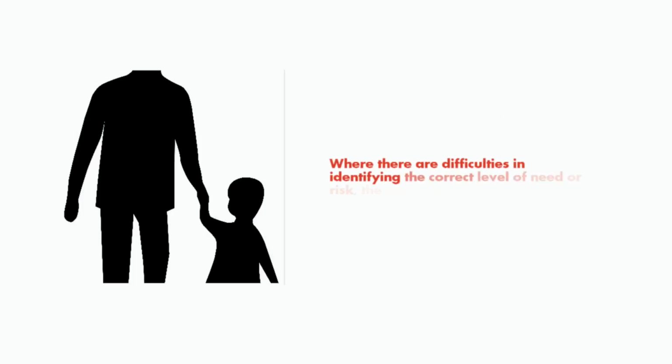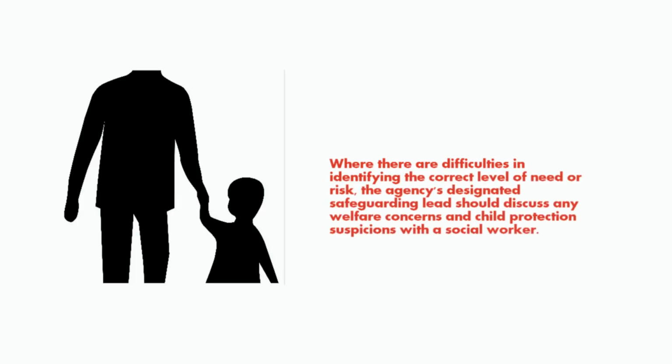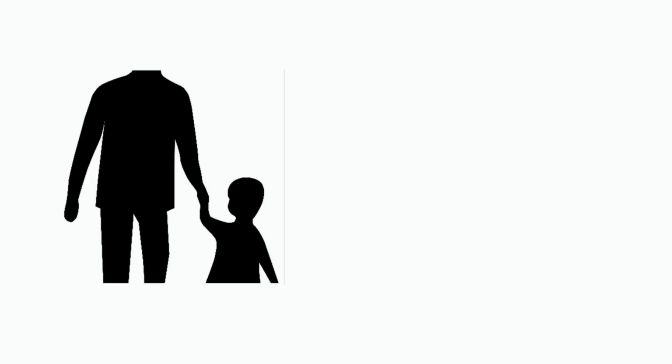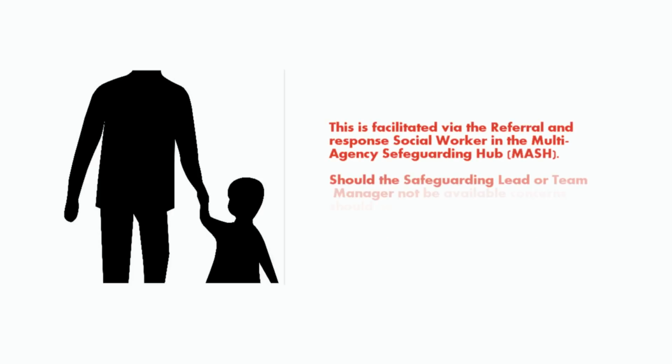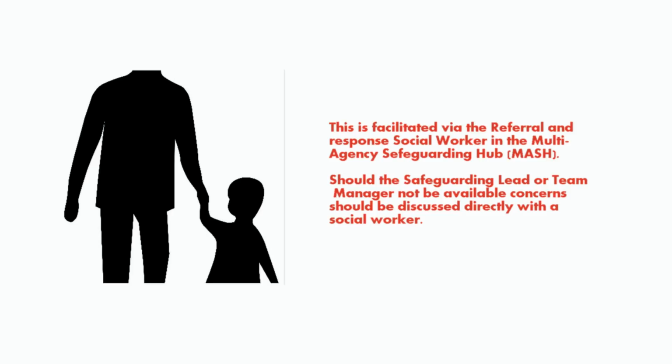Where there are difficulties in identifying the correct level of need or risk, the agency's designated safeguarding lead should discuss any welfare concerns and child protection suspicions with a social worker. This is facilitated via the social worker in the multi-agency safeguarding hub. Should the safeguarding lead or team manager not be available, concerns should be discussed directly with the social worker.